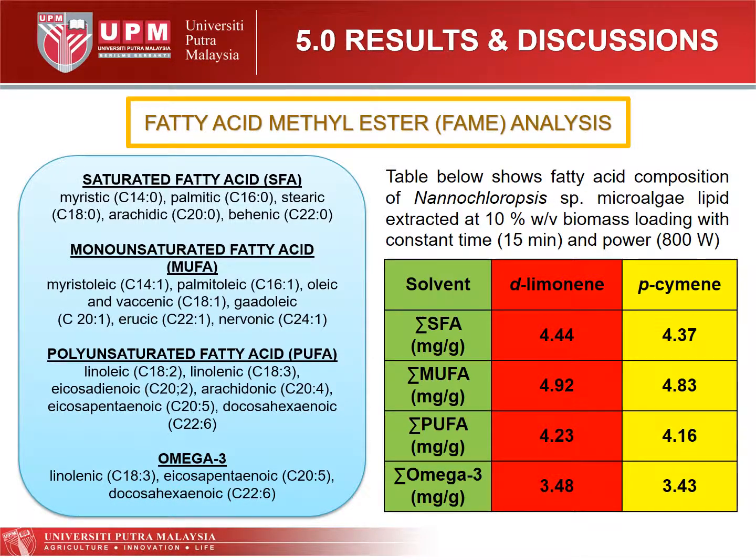The blue rectangle shows the different types of fatty acid recognized after GC analysis, and the table shows the amount of each fatty acid extracted by different types of solvent. It can be seen that D-limonene is better than p-cymene because D-limonene extracts more lipid than p-cymene.